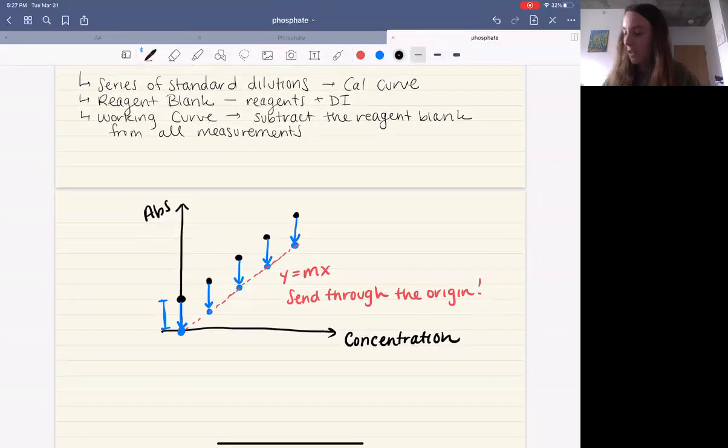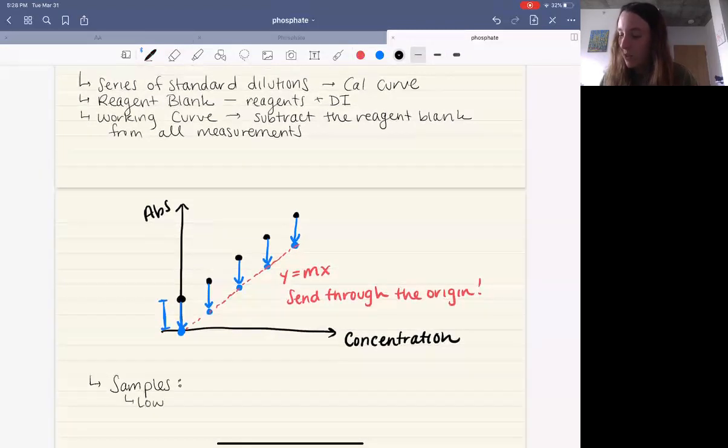Like you're familiar with in past experiments, you'll also be measuring your samples and using this calibration curve, or this working curve trend line, in order to solve for the concentrations. The only thing to note is that we have both low nutrient and contaminated seawater as our samples here.